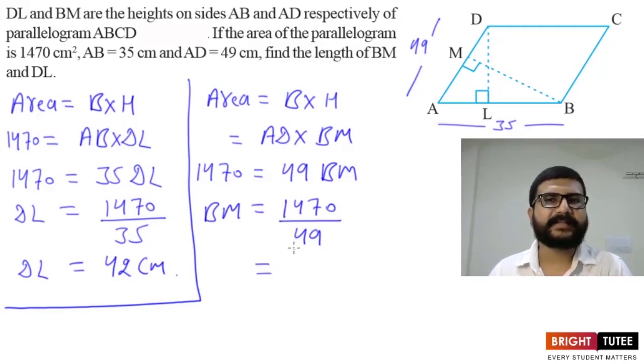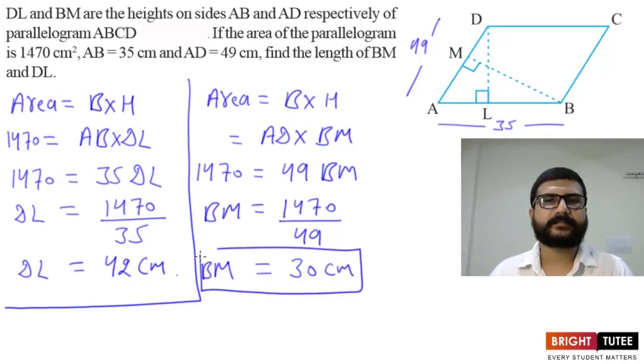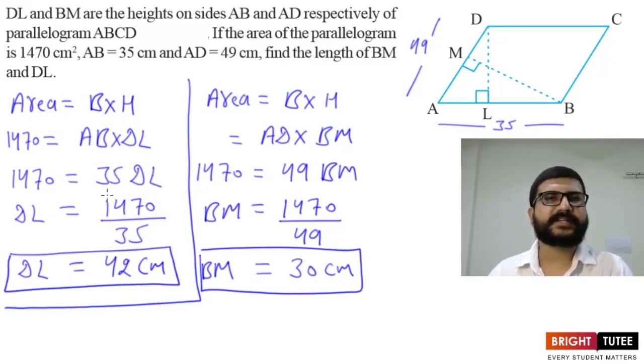So by dividing them we will get 30 centimeters. So therefore we are getting BM as 30 centimeters. And DL here was 42 centimeters. So our question is complete now. We got BM and DL both.